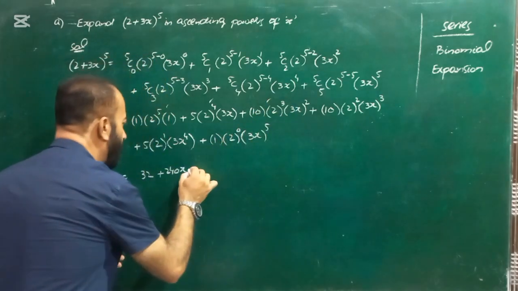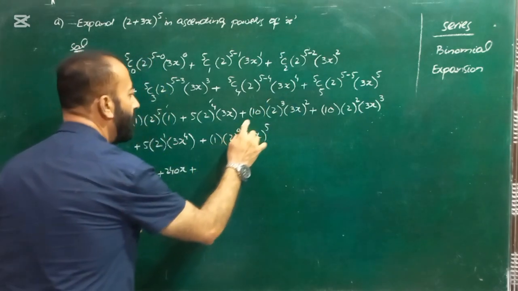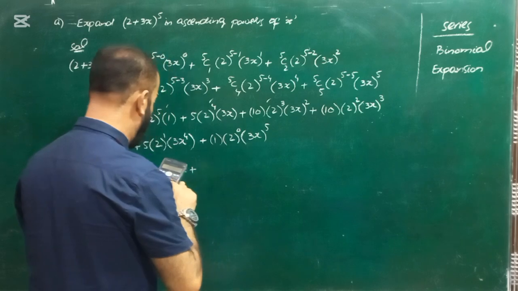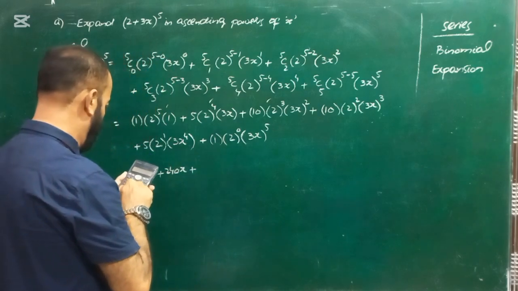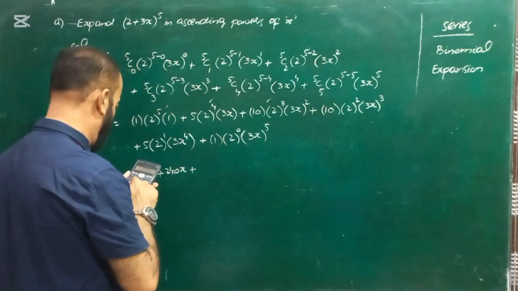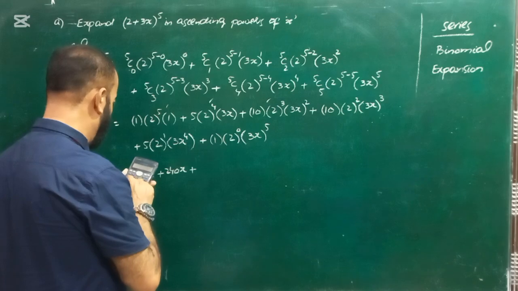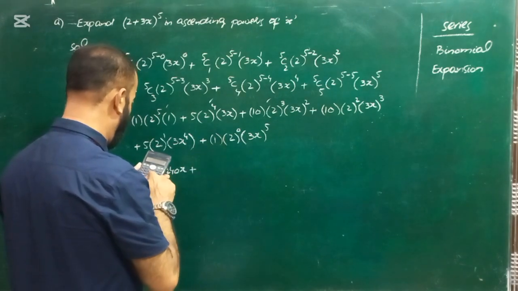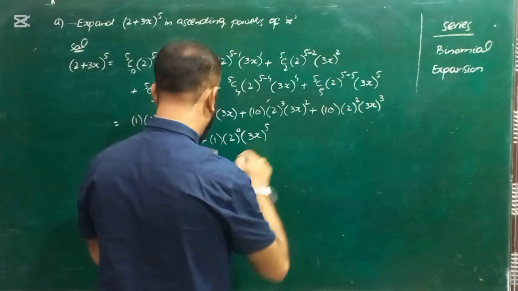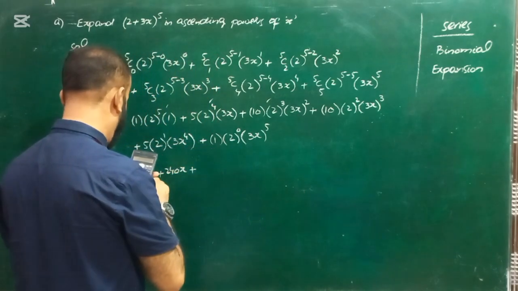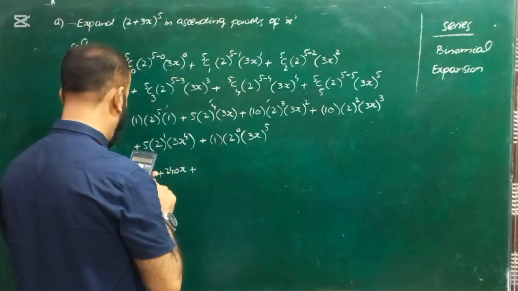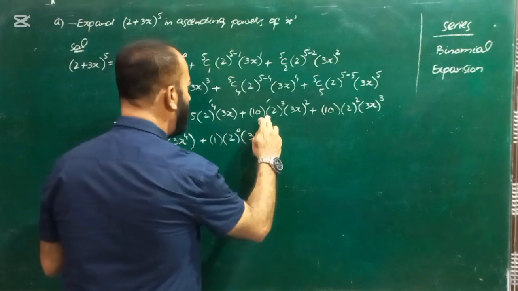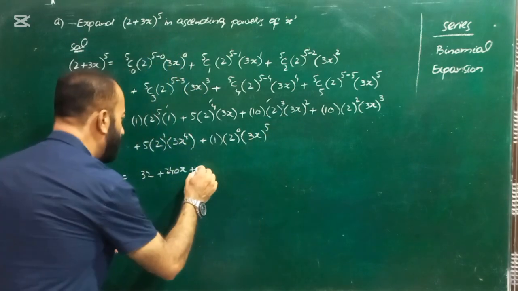So this is here now, plus 10 into 2 raised to power 3 into 9. Answer is 720x square.